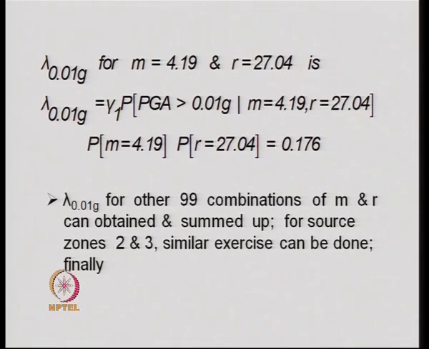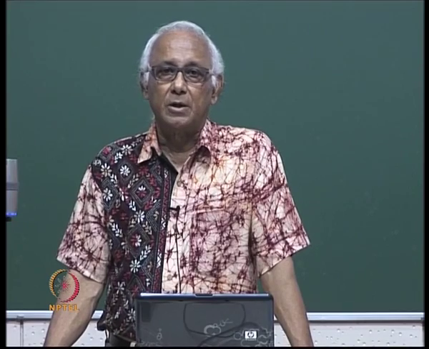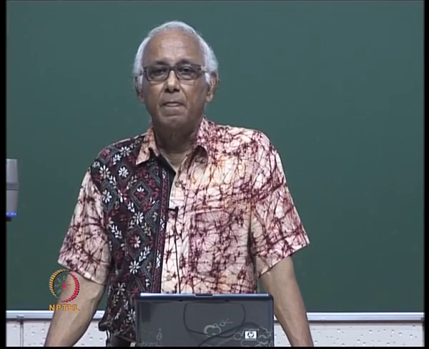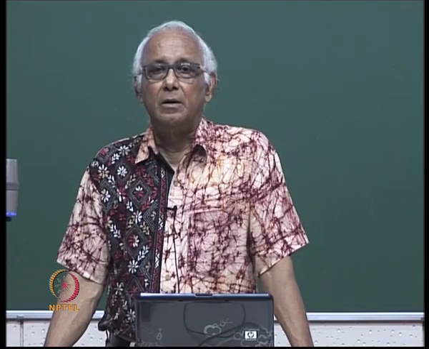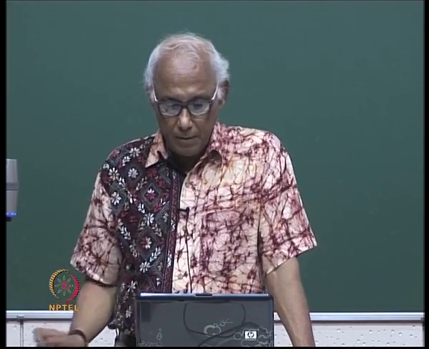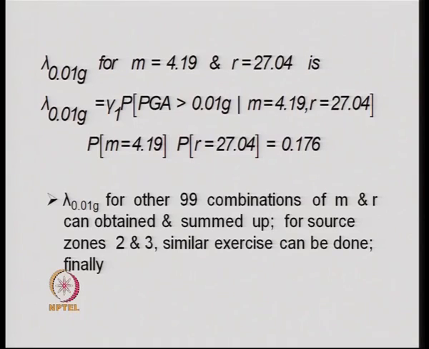Now, since we have made 10 intervals for the magnitudes and 10 intervals for the epicentral distance, these intervals were obtained by deducting the minimum value from the maximum value and dividing it by 10.